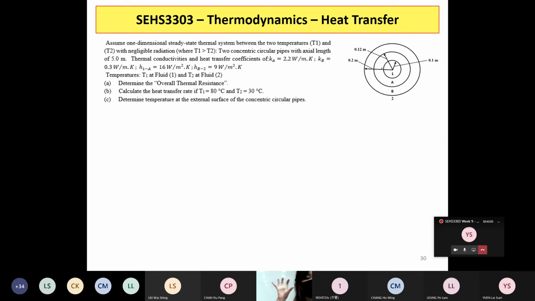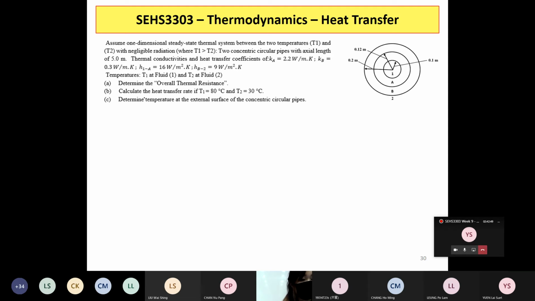In this problem, we have two circular pipes with two different materials. Inside the pipe, we have a fluid, and outside the pipe, we also have another type of fluid.